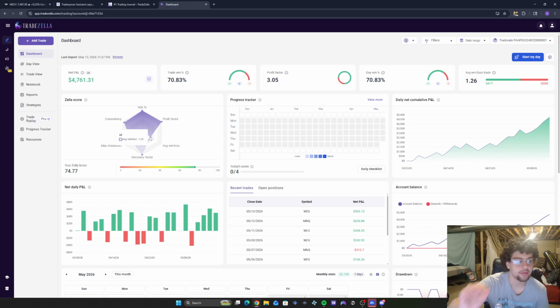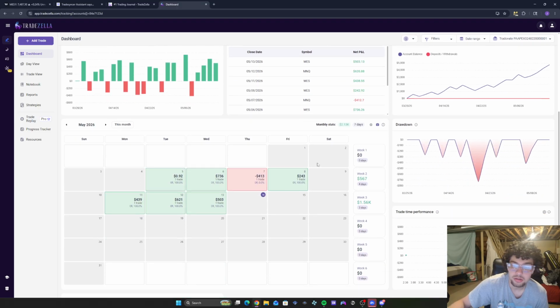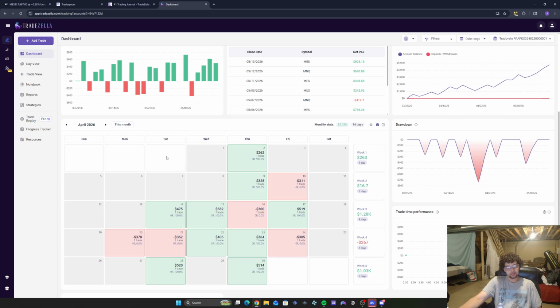This average win-loss makes sense because I'm going for 1-on-1s. The consistency is here. The win percentage is here. The profit factor and the recovery factor are here. The max drawdown, which is crazy, the lowest I've been so far is $730, which is about 2 trades. Literally two losing days in a row.